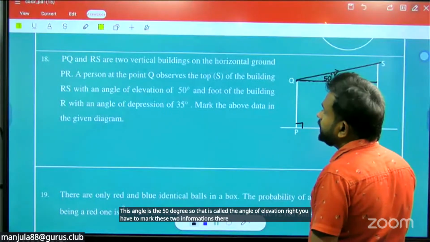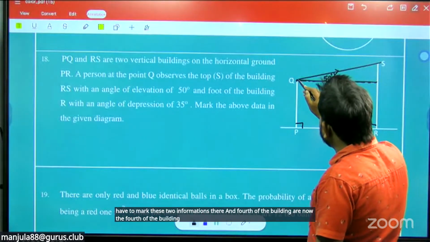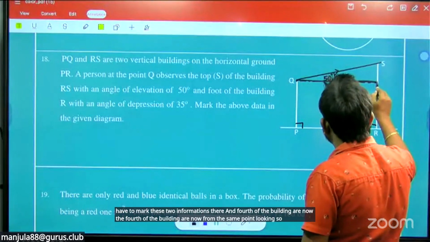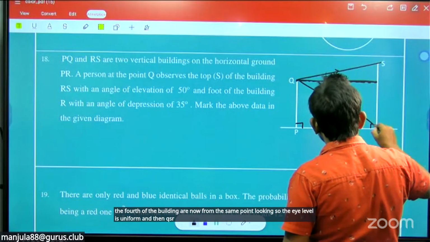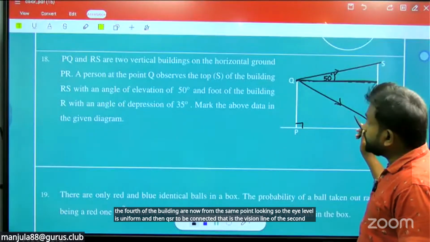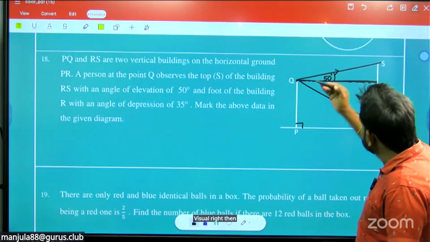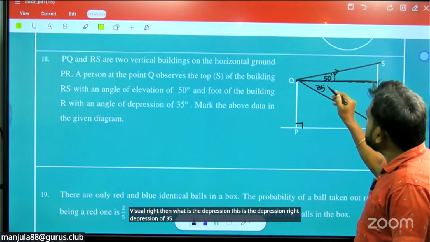And the foot of the building R. Now from the same point looking, the eye level is uniform, and then QSR is to be connected. That is the vision line of the second view. Right, then what is the depression? This is the depression, right? Depression of 35 degrees. So this is the depression, right?